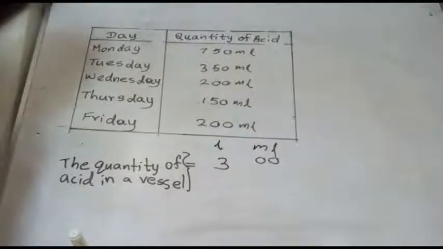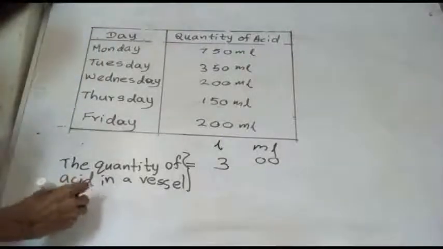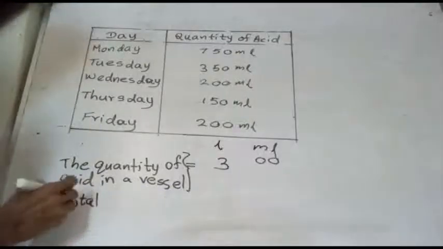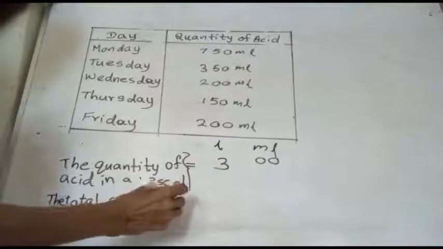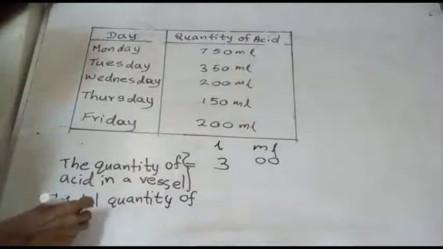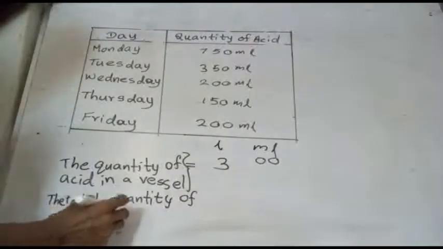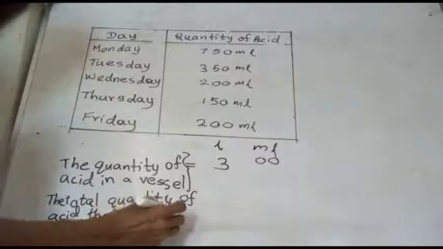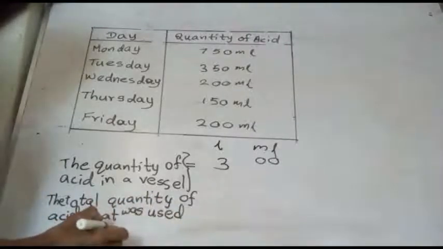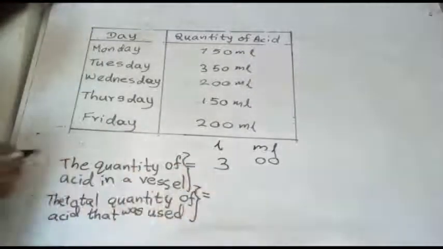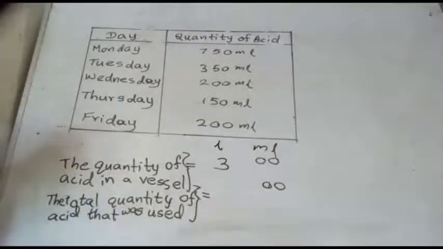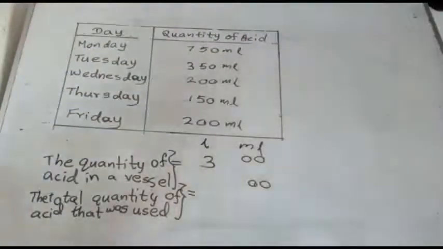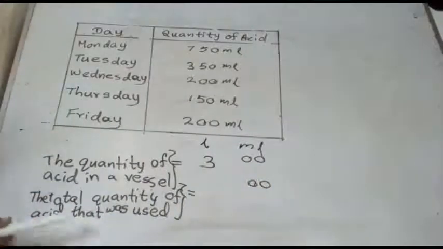Now, the total quantity of acid that was used during the 5 days is equal to what?